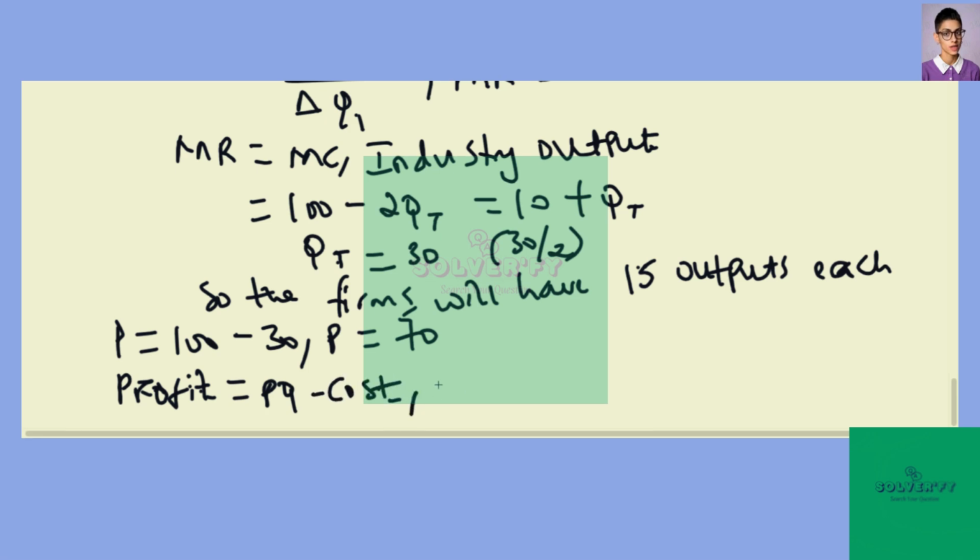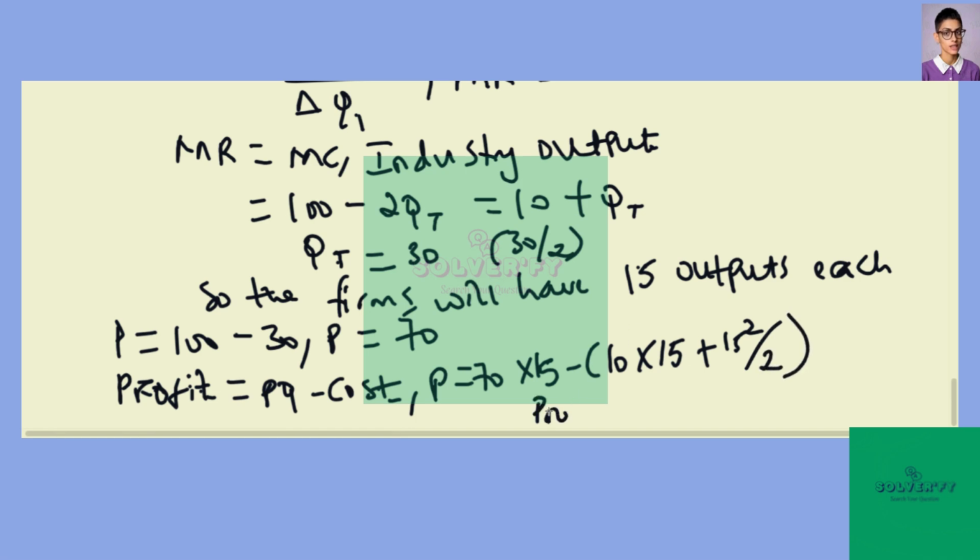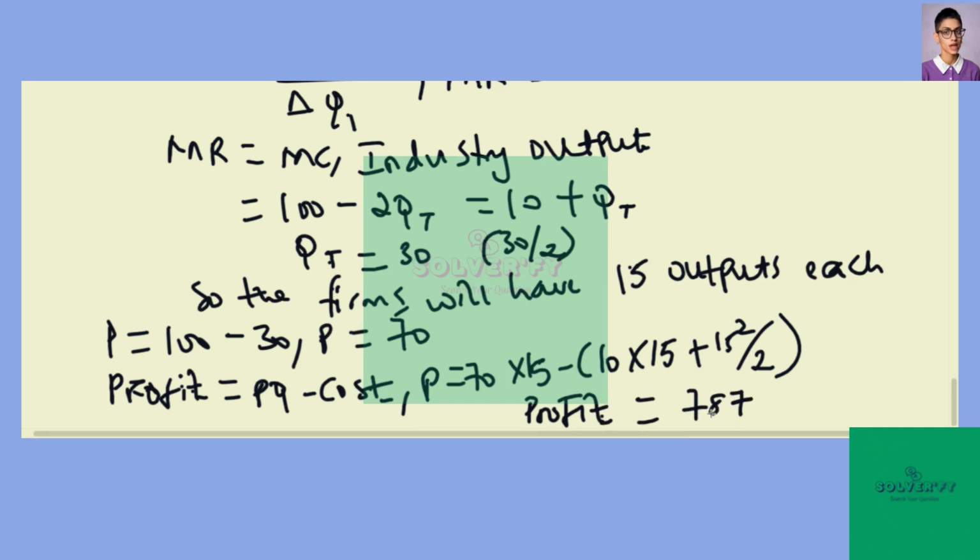So the profit is equal to 70 multiplied by 15 minus (10 multiplied by 15 plus 15 squared divided by 2), and then each firm's profit would be 787. So this is their profit for each firm. So that's the answer.